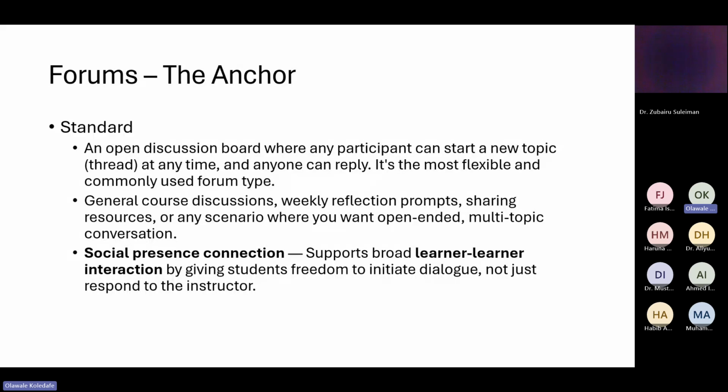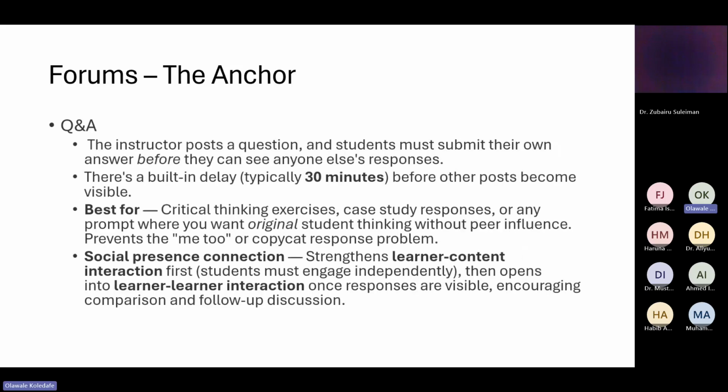Then the second one is what we call the Q&A forum, the question and answer forum. How does this play? The instructor posts a question, and students must submit their own answer before they can see anyone else's responses.